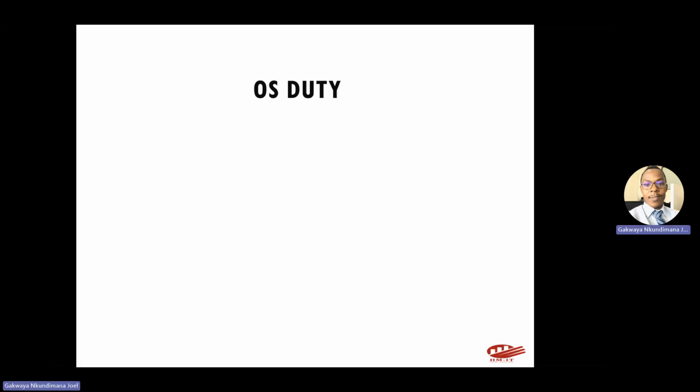Now I start with the duty of operating system. Does anyone know the duty of operating system? Sorry, maybe I mentioned graphical user interface. Pardon me, those 2 things were in my brain. What is the duty of operating system?